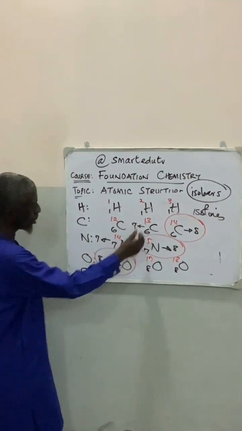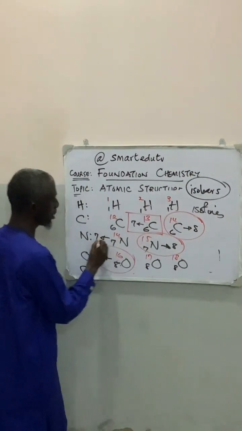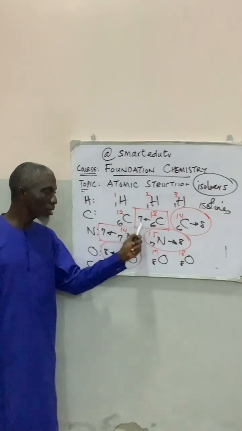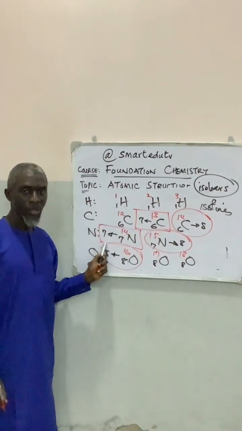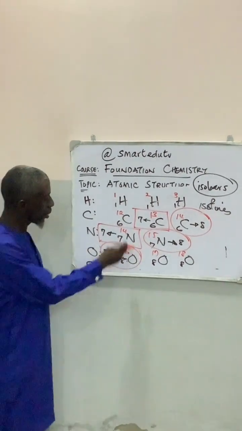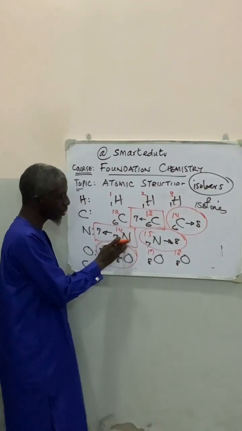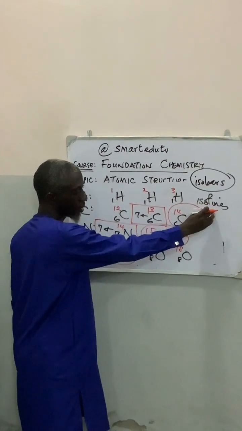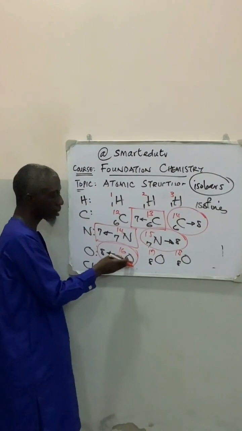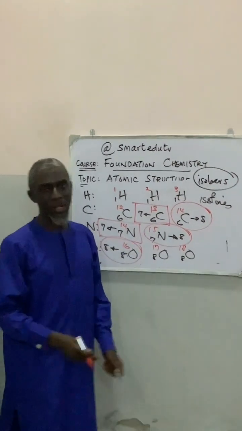Likewise, you will also notice carbon 13 and nitrogen 14 having neutron number 7, yet they are of different elements. So carbon 13 and nitrogen 14 are isotones. Likewise, carbon 14, nitrogen 15, and oxygen 16 are also isotones.